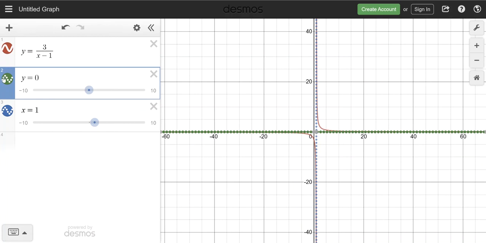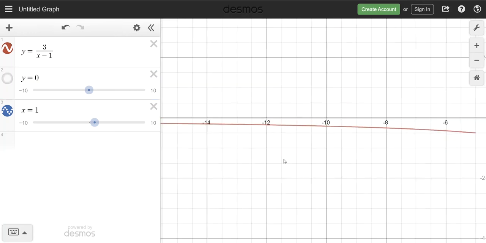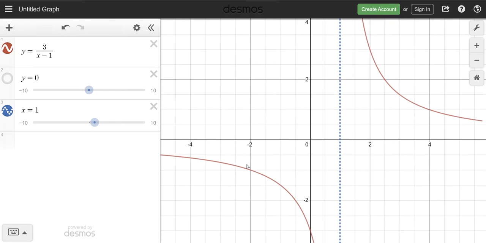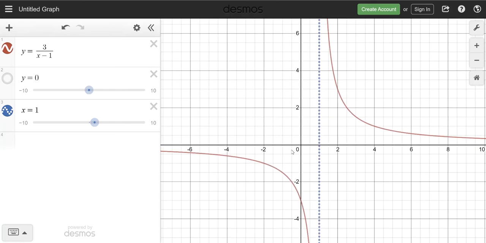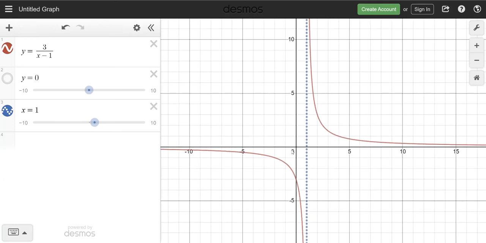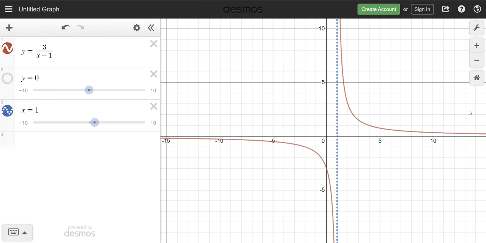Okay, turning this off so you can see that a little more clearly, zooming in so we can get a better view, and zooming out just a bit. Okay, here. So notice if we go to the right, you're approaching zero coming down from above.